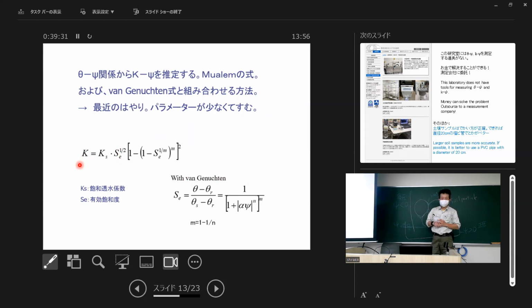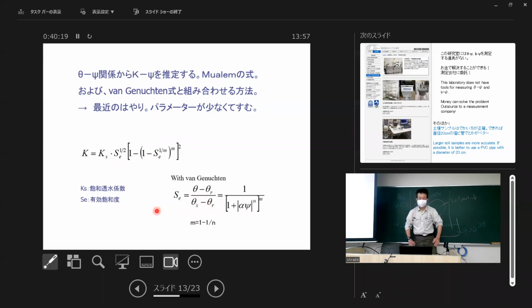So, this Mualem-van Genuchten equation is very widely used, and the parameters for the soil physics are, for example, alpha and n and Ks, and theta S minus theta R is also needed to check.